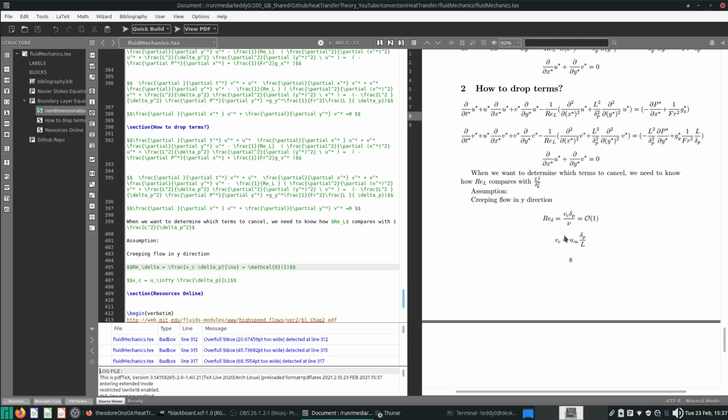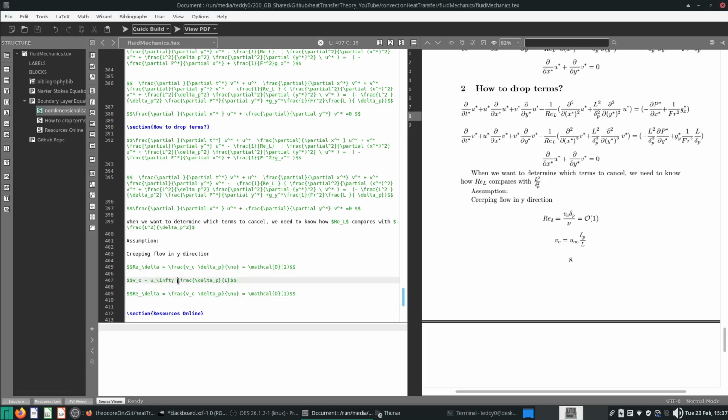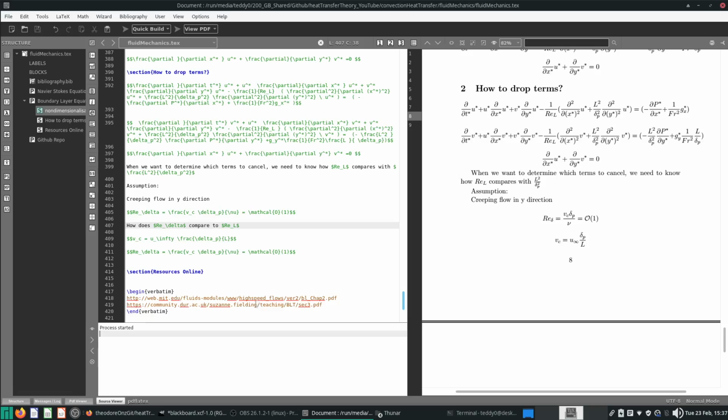This is how we can substitute things in. So let's substitute this expression in here, and we want to see how this RE delta compares to REL. How does the Reynolds number in the y direction compare to the Reynolds number in the x direction? That's how we can think of it.